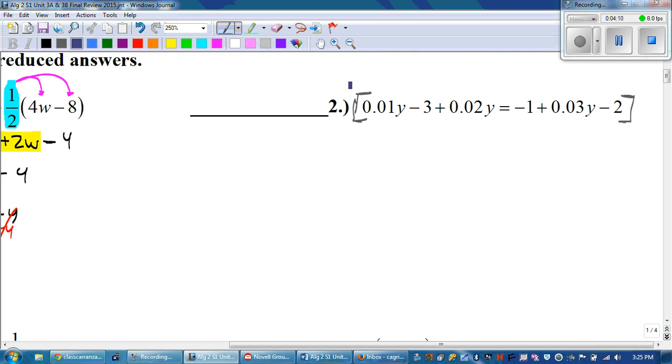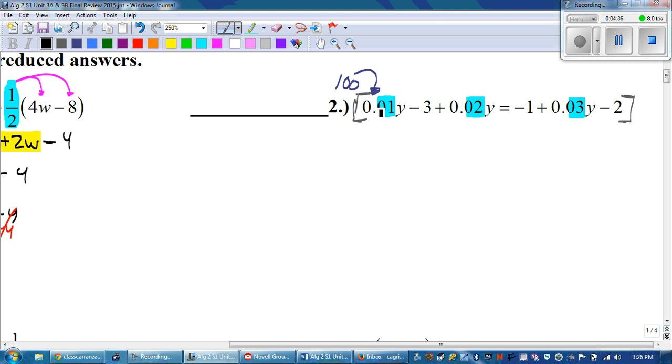So what I'm going to do is I'm going to multiply everything by 100. Okay, why am I multiplying by 100? Well, there are 2 numbers behind the decimal. And to get rid of the decimal, I'm multiplying by 100 because I've got 2 zeros in 100 and 2 numbers behind the decimal. If there was only 1 number behind the decimal, we'd multiply by 10.